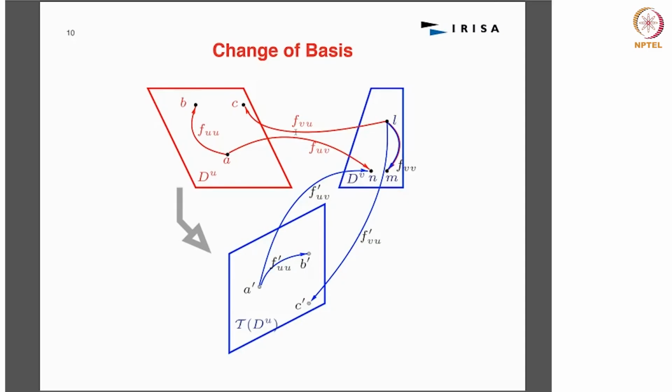To A prime, I first apply the inverse, and to the result of that, I apply the old function. You see that? From A prime, if I apply T inverse, I go back to A. And to that point, if I apply the old dependence function, I get to N. So the composition of those two functions is the mapping from A prime to N.